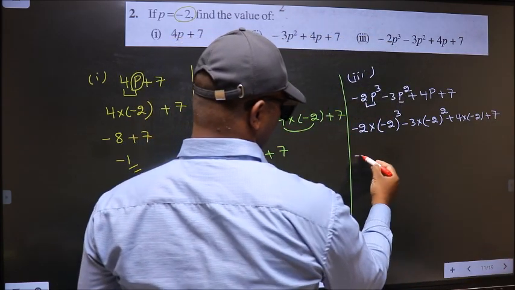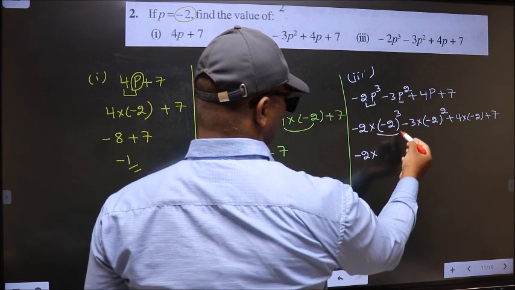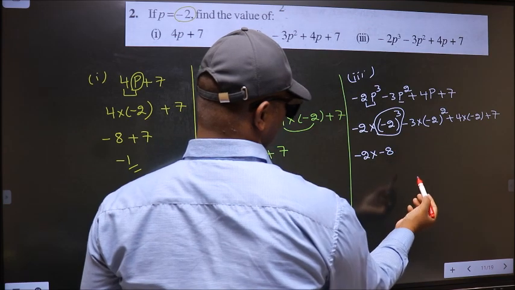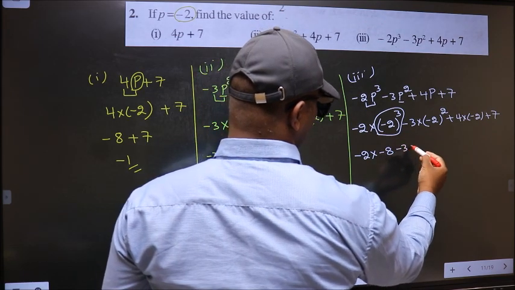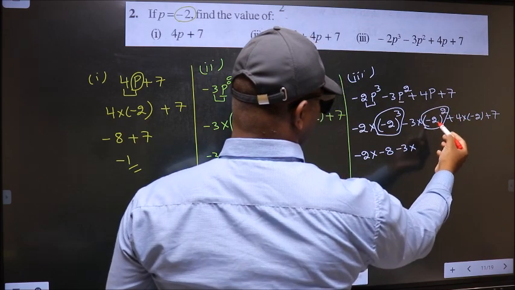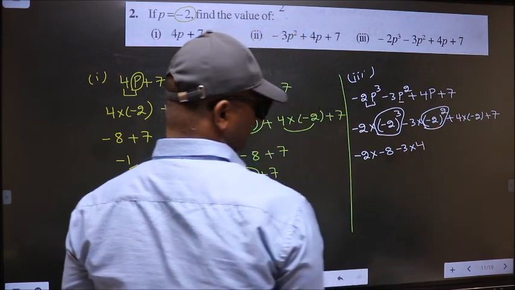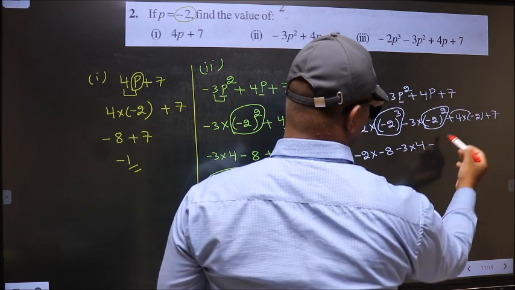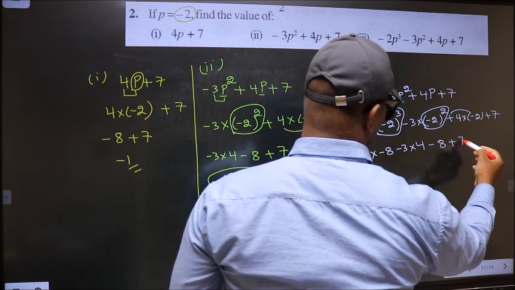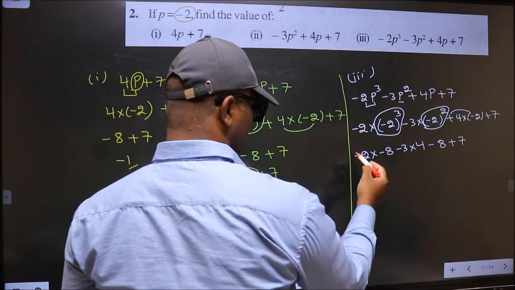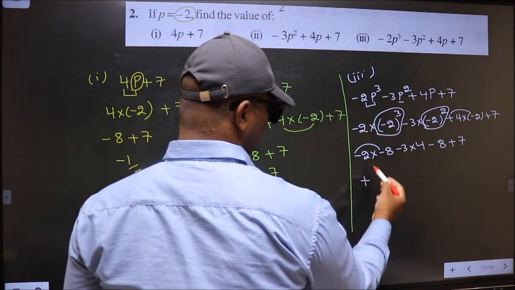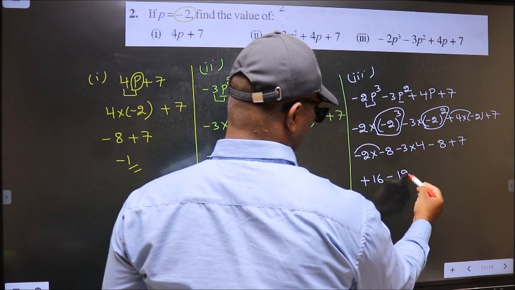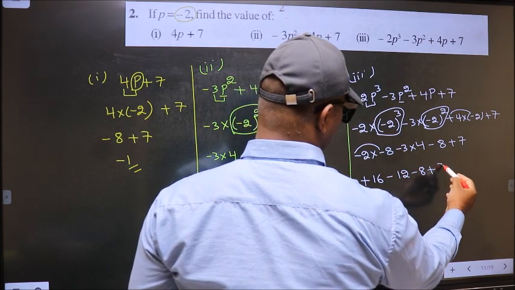Next, minus 2 into minus 2 whole cube will result in plus 16. Minus 3 into minus 2 whole square is minus 12. And here plus into minus, minus 4 into 2, 8, plus 7.